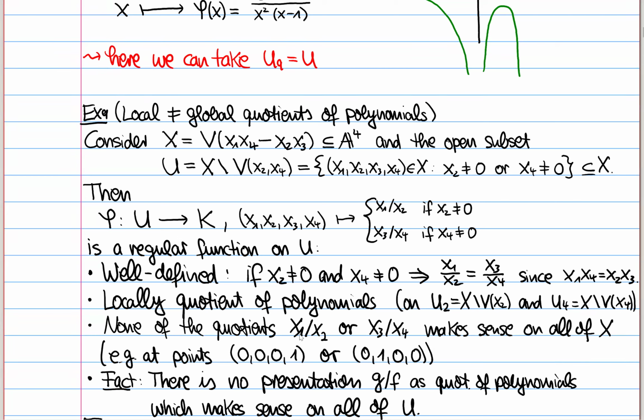But you see that this expression x1 divided by x2 would give 0 divided by 0. This doesn't make sense. So at this point, this function here doesn't make sense.